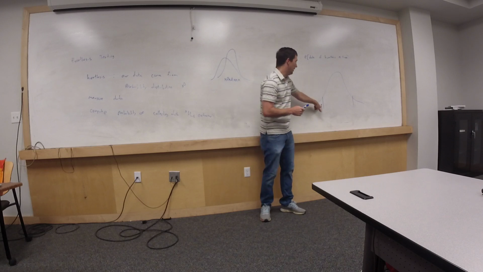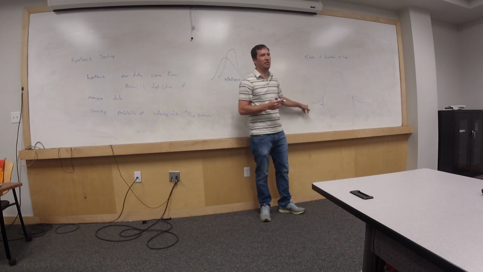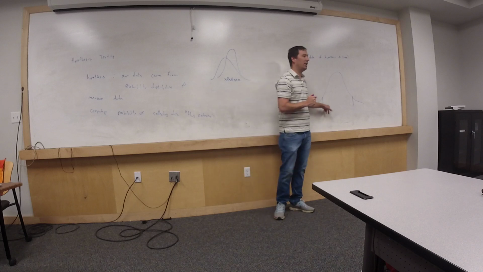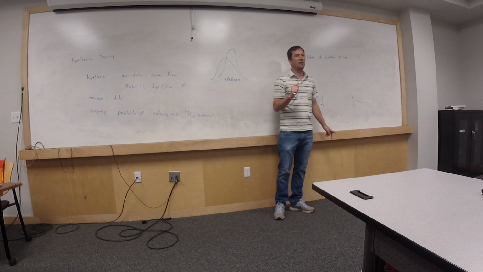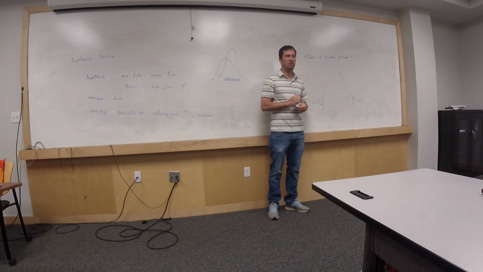So if I compute my statistic and I'm out here, I'm going to say, oh, this is really, really unlikely that I would have gotten this data if my hypothesis was true. So we're going to conclude that it's false. If I'm in here, I say, oh, it's kind of likely that it would have happened. And so I could say maybe my hypothesis is true. So the p-value controls basically these cutoffs.